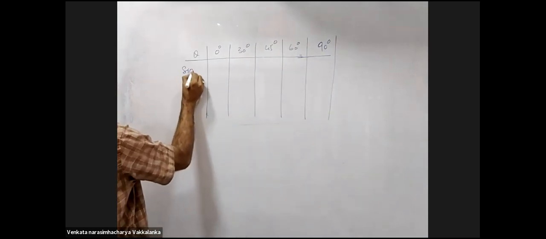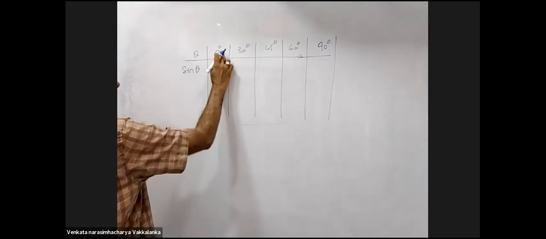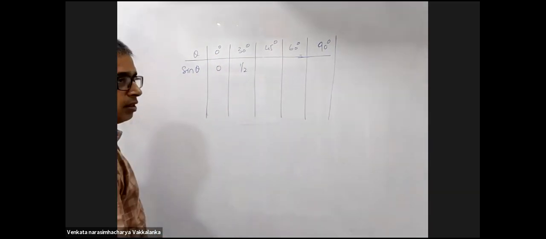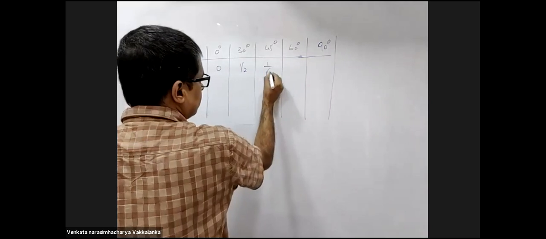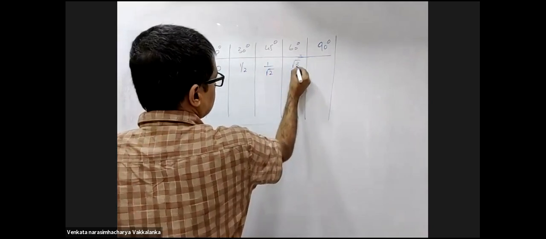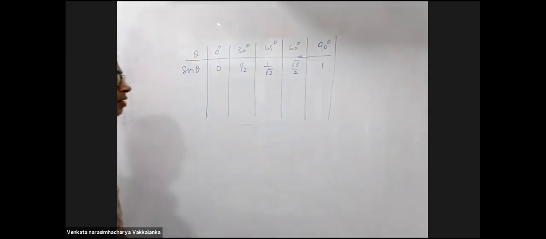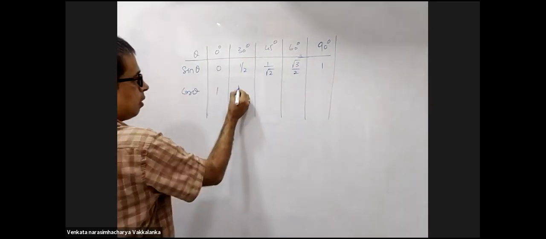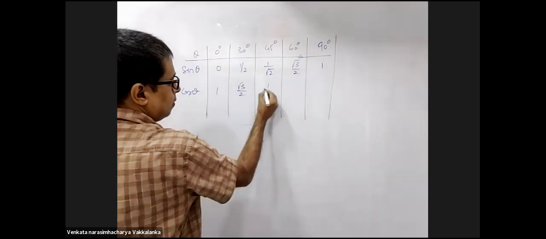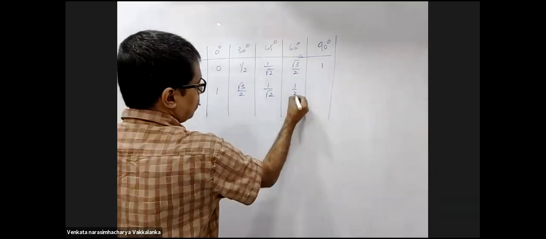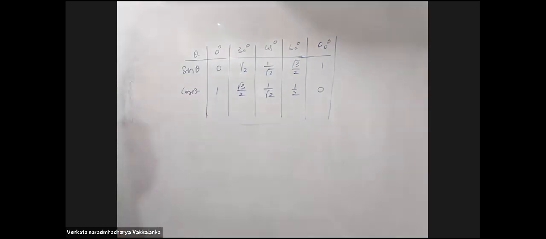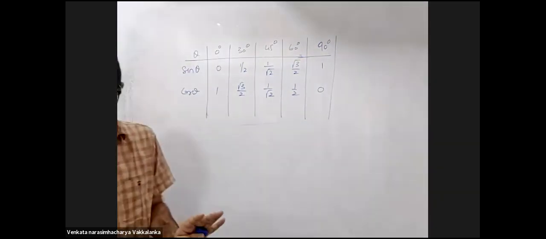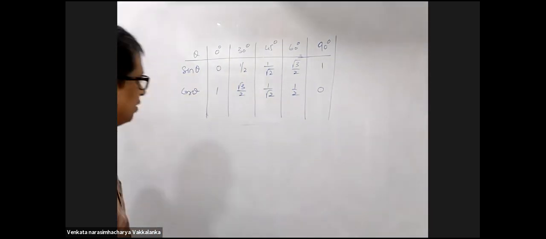Sine theta: sine 0 is 0, then 1 by 2, 1 by root 2, root 3 by 2, 1. Cos theta: 1, root 3 by 2, 1 by root 2, 1 by 2, 0. Everybody is sure about this? Yes, sir.